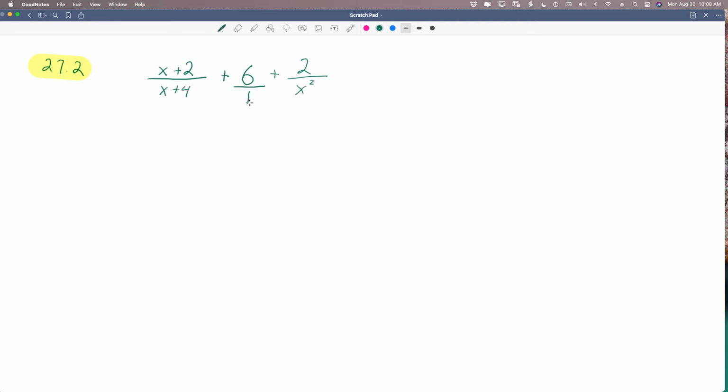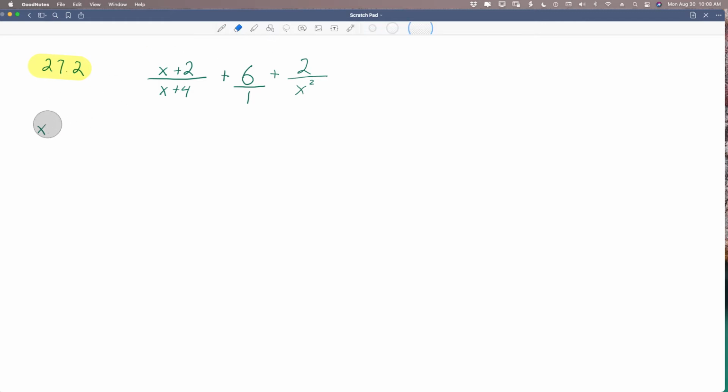But we do have to include 6 in our calculations, which means we do have to multiply this number by these other two denominators. So what we're going to do is we're going to say x squared times x plus 4 times 1 is our common denominator. The 1 goes away because it's invisible. So our common denominator ends up being x squared.